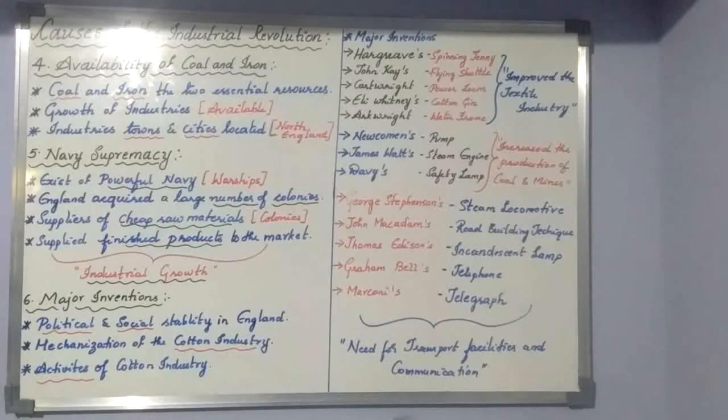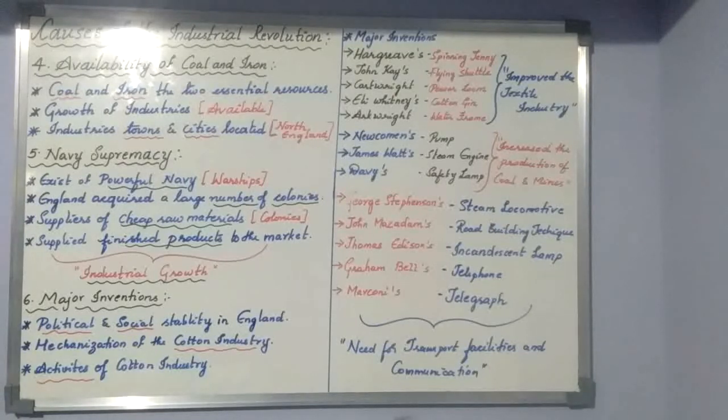Moreover, simply having surplus capital and stable government support will not make industry grow. For that, the major need is agriculture. So, the agricultural revolution: a new way of cultivation, a new way of farming.